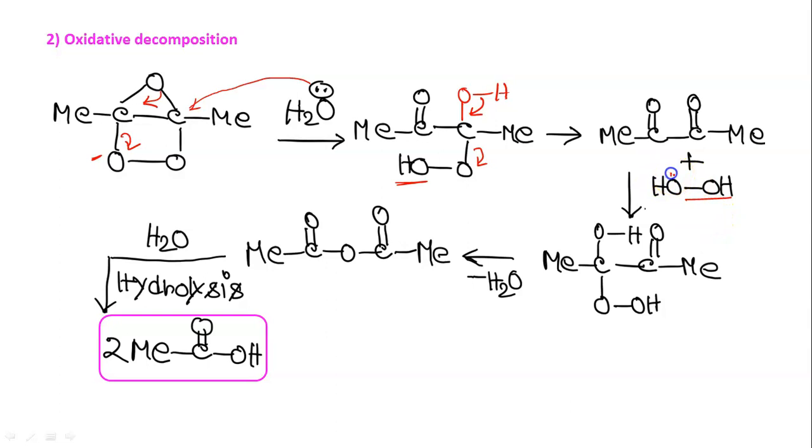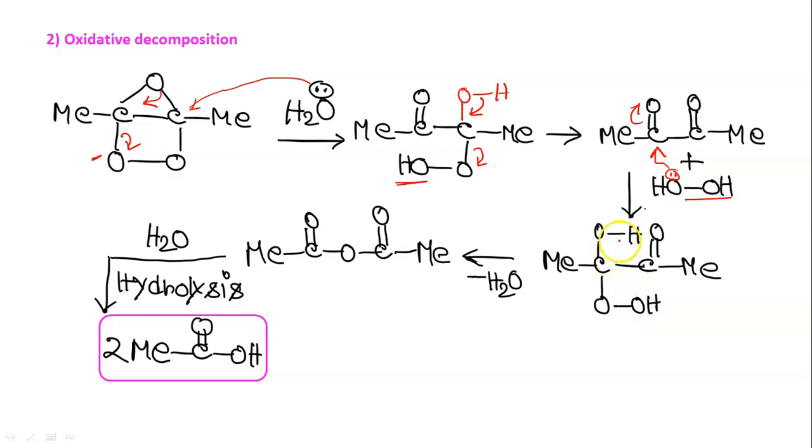Next there will be attack by the lone pair of hydrogen peroxide. The CO bond will be broken, and there will be O minus, and it will take the proton. Finally there will be formation of MeCOO-COMe, that is the anhydride.